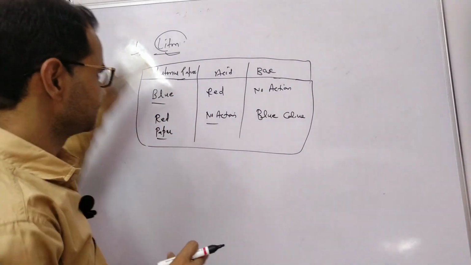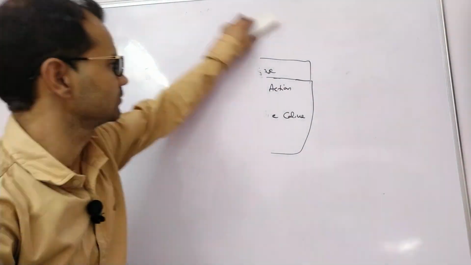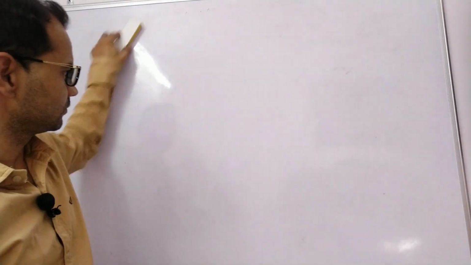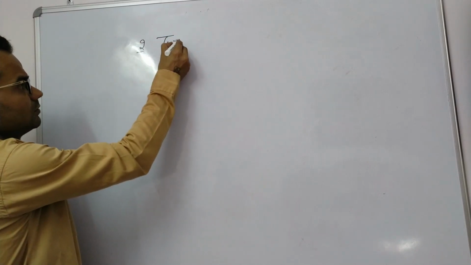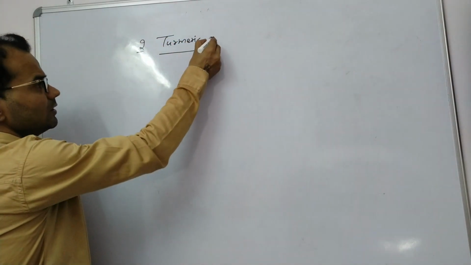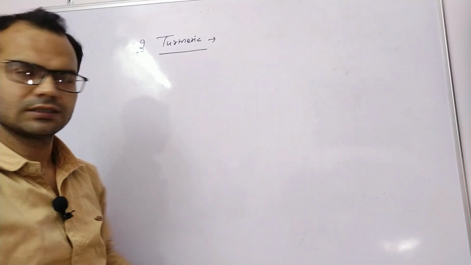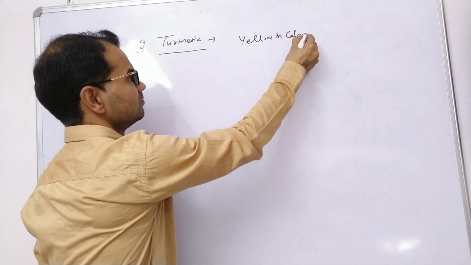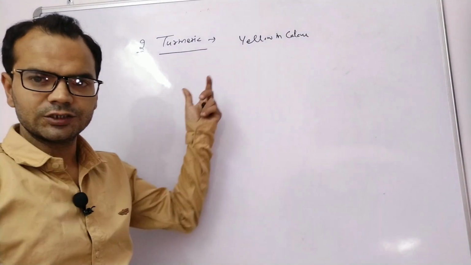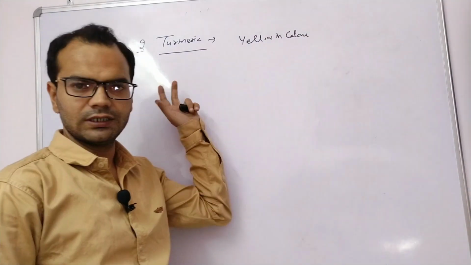Clear? Second is turmeric. Even you have seen turmeric in your kitchen, that is yellow in color. Again, it is a naturally occurring substance, so this is a natural indicator.